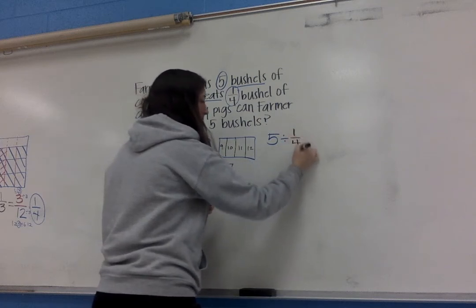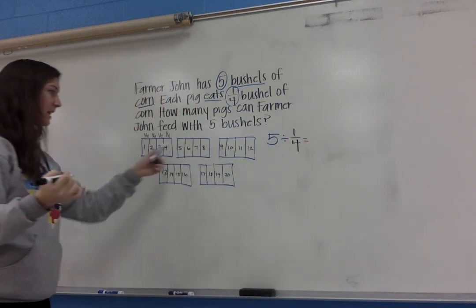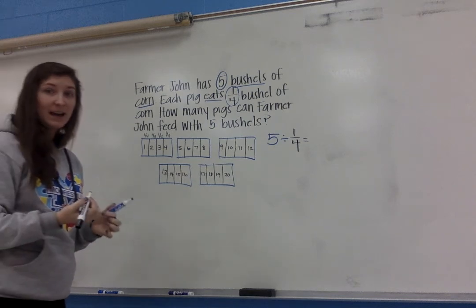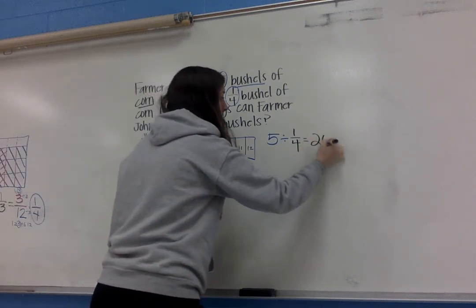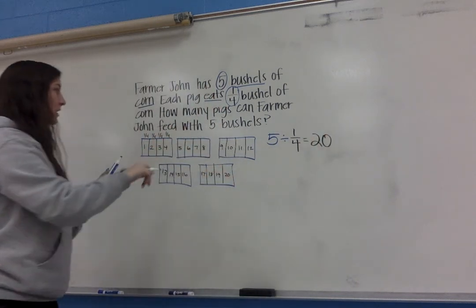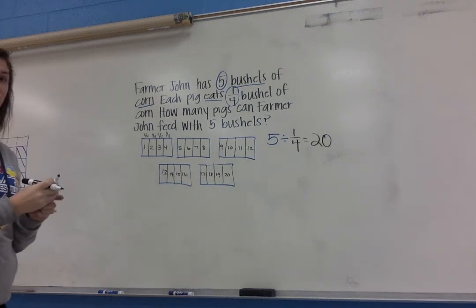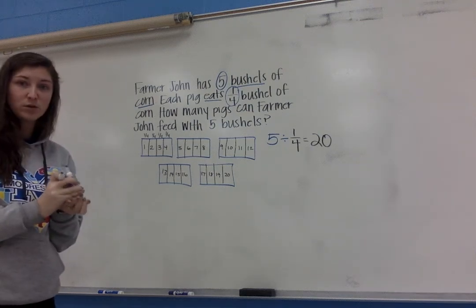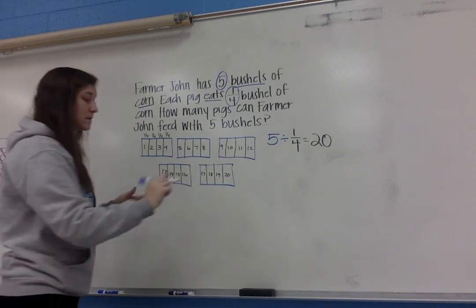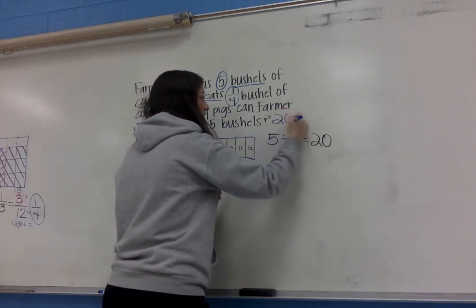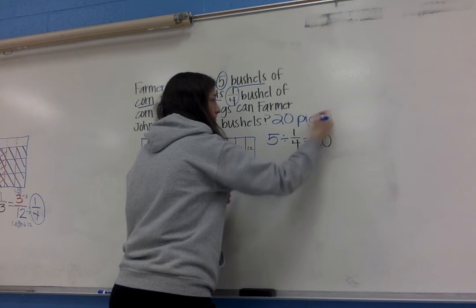They were cut into 4 pieces. And then I counted the total amount there, and I got 20. So my question says, how many pigs can Farmer John feed with the 5 bushels? Well, with the 5 bushels, he can feed 20 of his pigs.